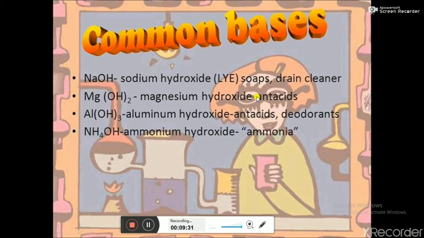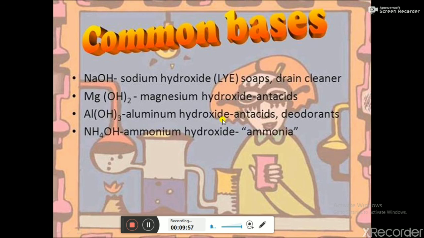When you were a child, whenever you felt acidity, your mother must have given you a white colored liquid in order to give you relief from acidity. That white colored solution is nothing but a solution of magnesium hydroxide, and it is a very good base for treating acidity.